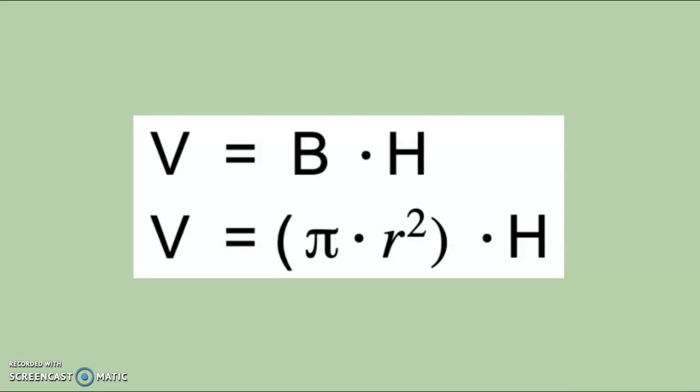Now directly underneath, we've got the formula more specific to a cylinder. Since the bases of a cylinder are circles, we use the area of a circle formula. That's what capital B represents, and that is pi times radius squared. We'll then take that times the height of our cylinder, which, just one more reminder, is the distance between the two circular bases.